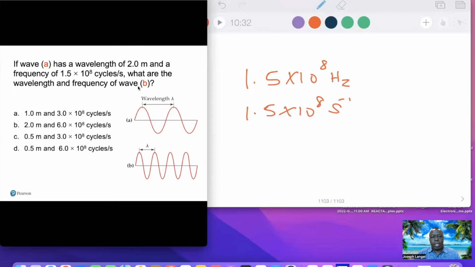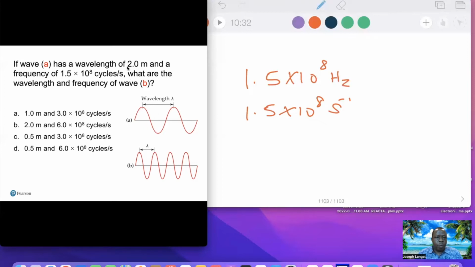There is no calculation here, it's just a question of eyeballing and comparing the wavelength in order to make a conclusion on which one could be it. It looks like the wavelength of wave B is half the wavelength of wave A. It's almost half.